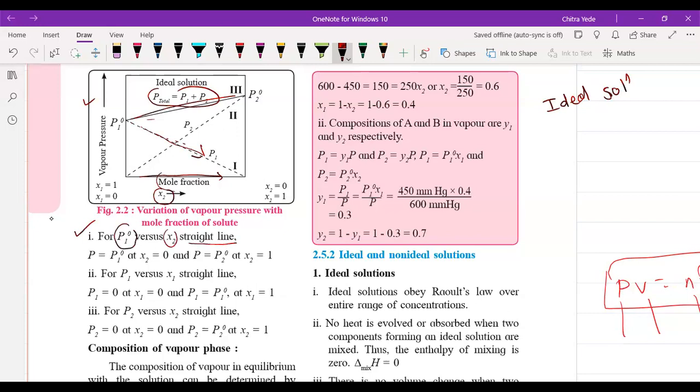It shows that the total pressure of the solution depends on the vapor pressure of solvent, and X2, the mole fraction of solute, is not going to affect here. So here X2 equals 0, beta, for the same.